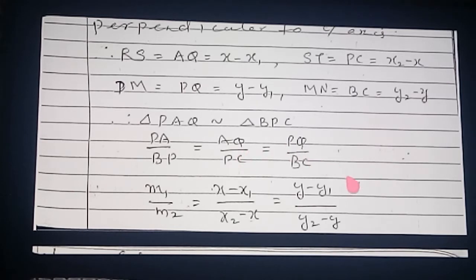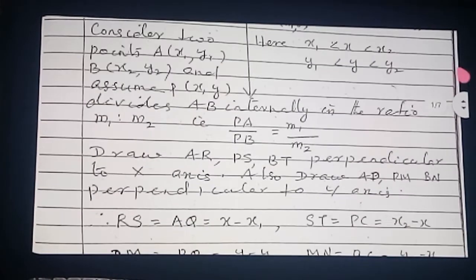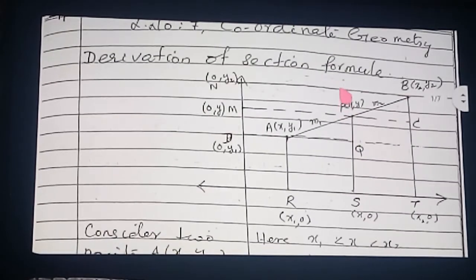So you got the final format somewhat. Now from this equation, this format, we will find the values of x and y. That is what you want to find out. What is your question? The section formula. Which point is dividing the line segment joining A and B? This point P divides the line segment joining A and B.